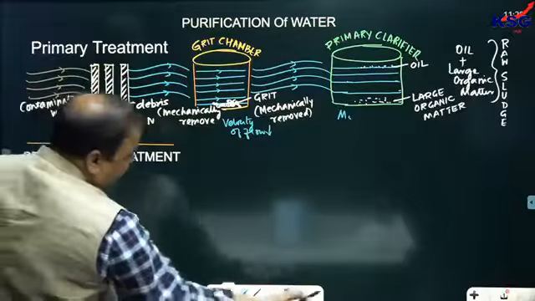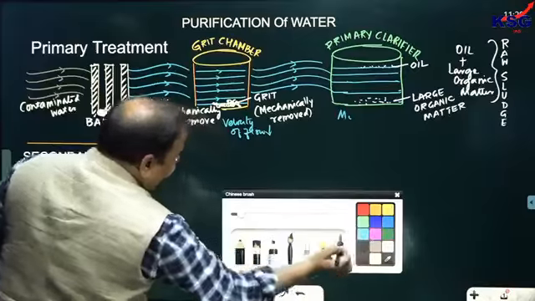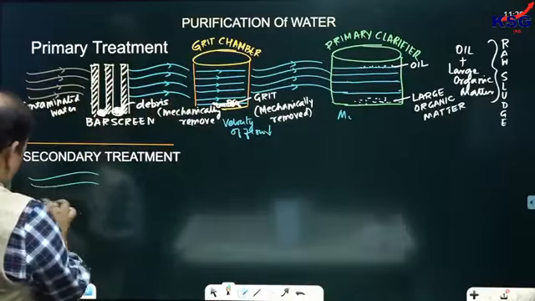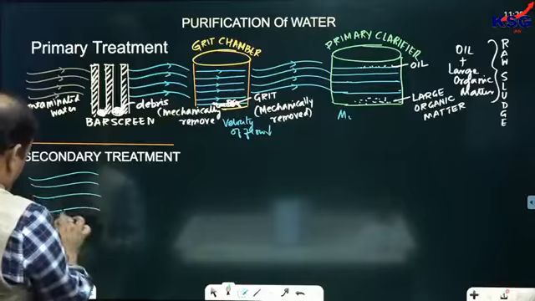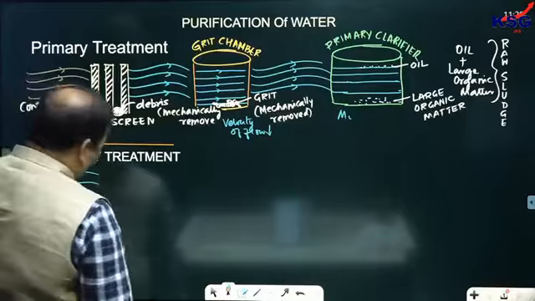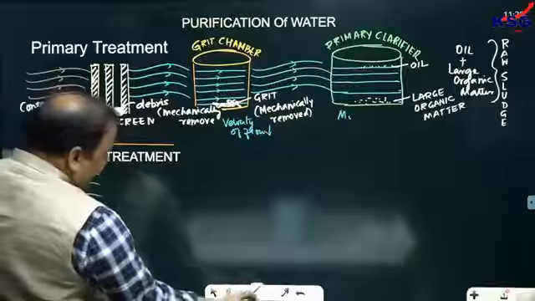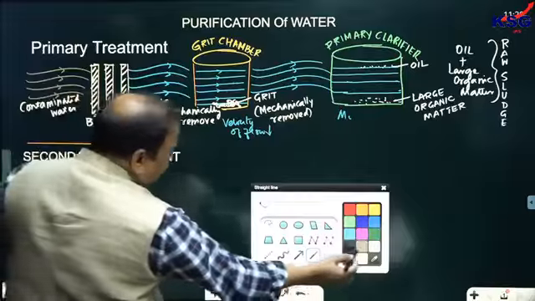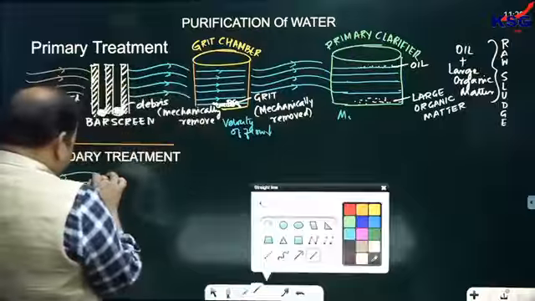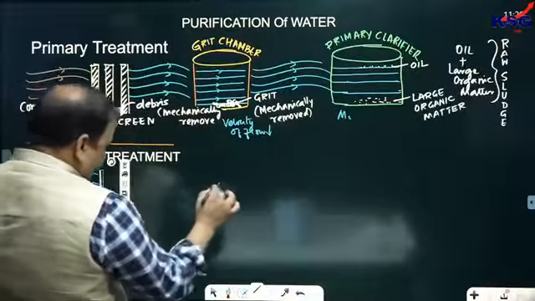Suppose this is the water which is coming from the primary treatment. Now this water is passed through a system, and this system is referred to as the trickling filter system. So let's see what this system is about.